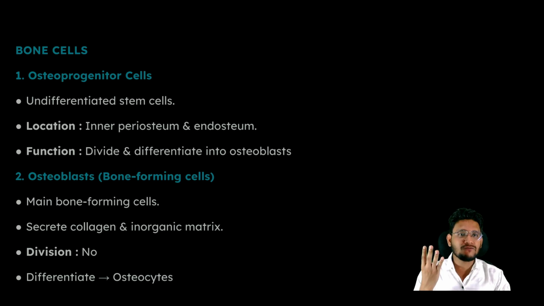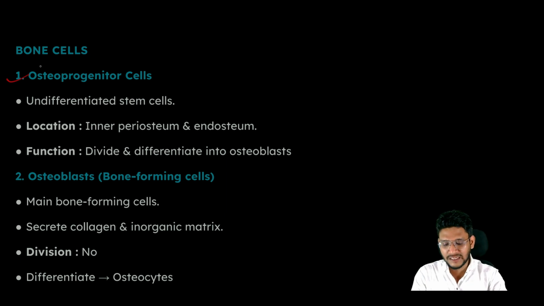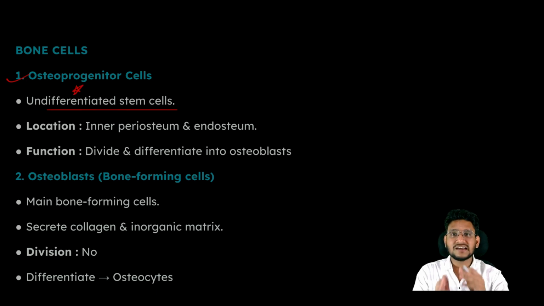So bones have mainly four types of cells. These are osteoprogenitor cells, osteoblasts, osteoclasts, and osteocytes. First we are going to discuss osteoprogenitor cells. These are actually undifferentiated stem cells. This is an important point. These are undifferentiated cells that can easily divide.